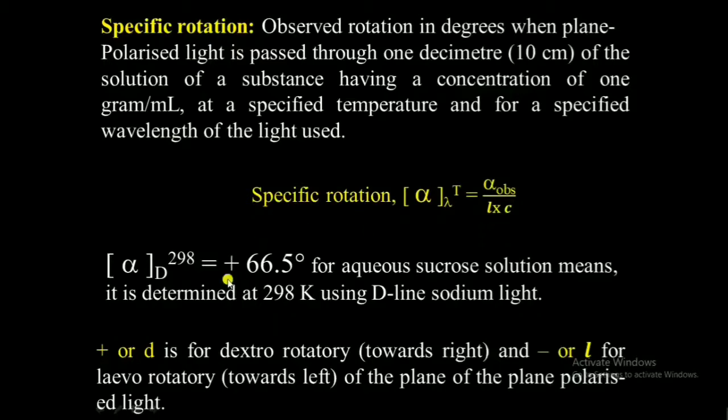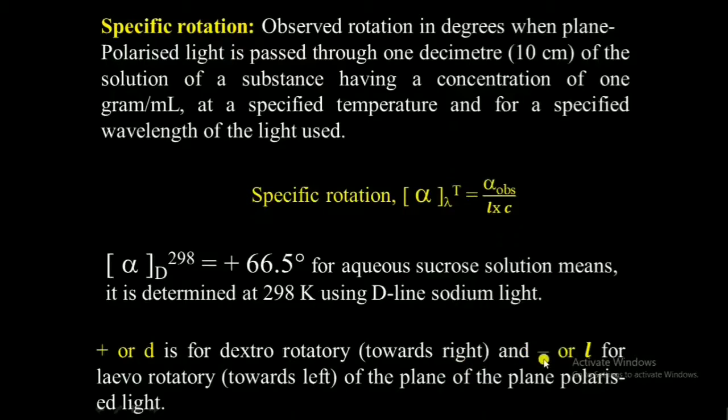For example, a representation like alpha D 298 equals plus 66.5 degrees for aqueous sucrose solution means this optical rotation is determined at 298 Kelvin using D-line sodium light. Here the plus sign, or the small letter d, is for dextrorotatory, which means the plane of the plane polarized light is rotated towards the right hand side of the observer.